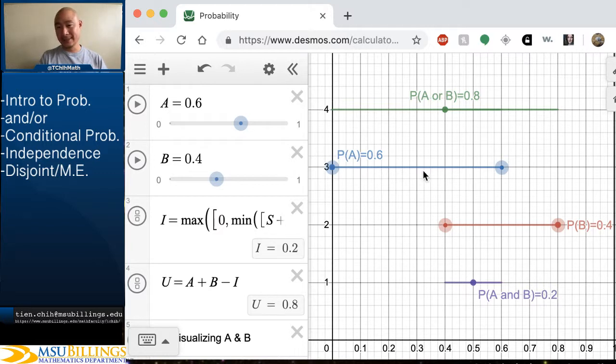Because what that means is that, all right, 60% of people ate seafood, right? And that includes these people here who got sick, which is 40% of people. And so there's another 20% over here who got sick who didn't eat the seafood.